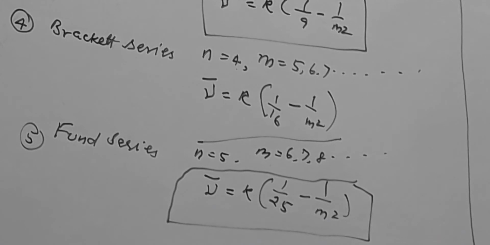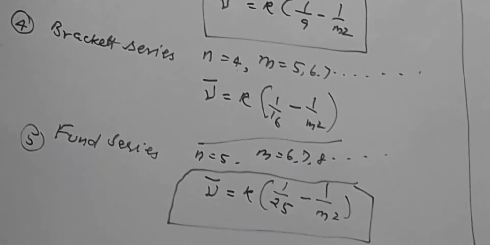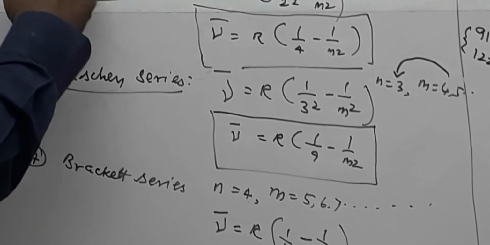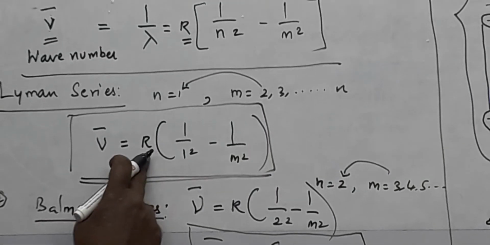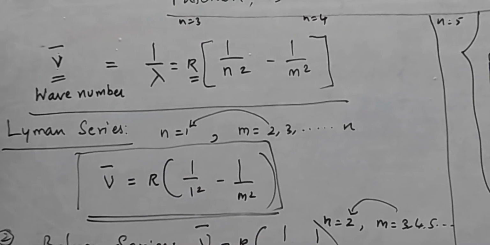These are very, very important equations of the spectral series of Lyman, Balmer, Paschen, Brackett and Pfund, and the general wave number equation is given by nu bar equal to R into 1 by n square minus 1 by m square.